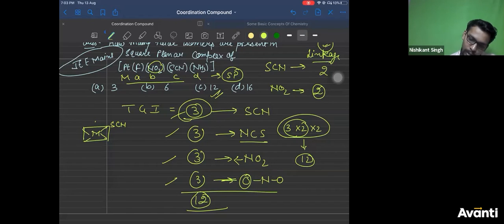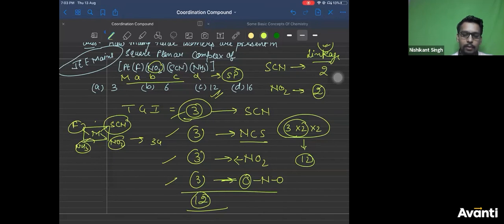With SCN you have NO2, you have NH3, you have fluorine. So keeping SCN constant, you rotate the other 3. You'll get 3 GI. Then instead of SCN, you keep NCS, right? With NCS, you rotate these 3. Keeping NCS constant, you'll get 3 isomers again.